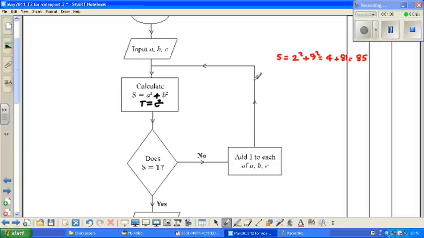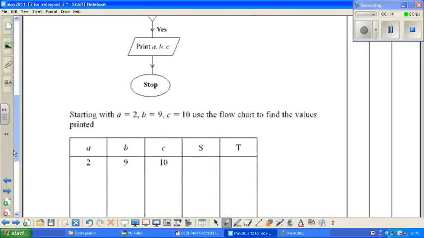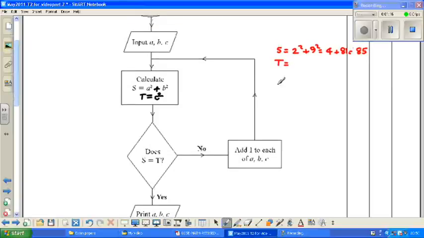In the same box it says work out T is equal to C squared. C is 10 in the table, so that's 10 squared, which equals 100. So 85 and 100, does S equal T? Well, the answer is no, 85 doesn't equal 100.